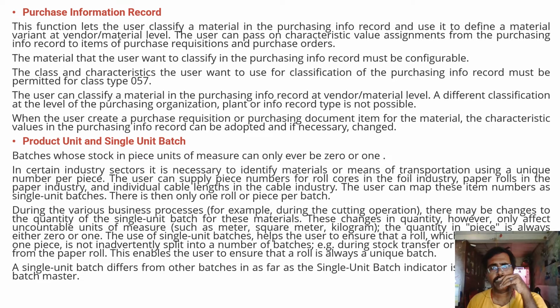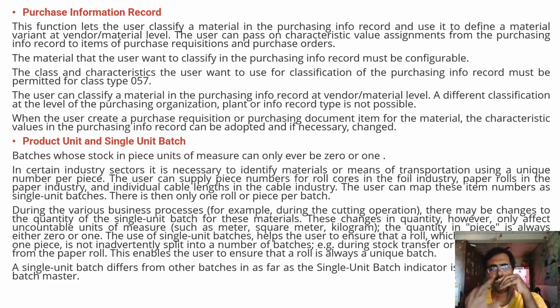The use of single unit batches helps the user to ensure that a roll, which always represents one piece, one unit, is not inadvertently split into a number of batches. Example, during stock transfer or a partial withdrawal from the paper roll. These are the important things. This enables the user to ensure that the roll is always a unique batch.